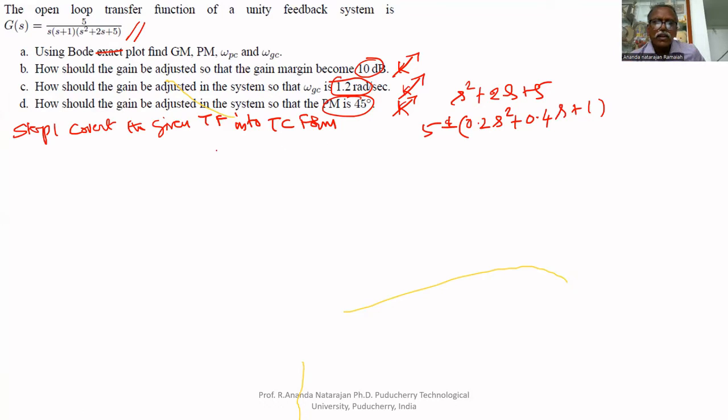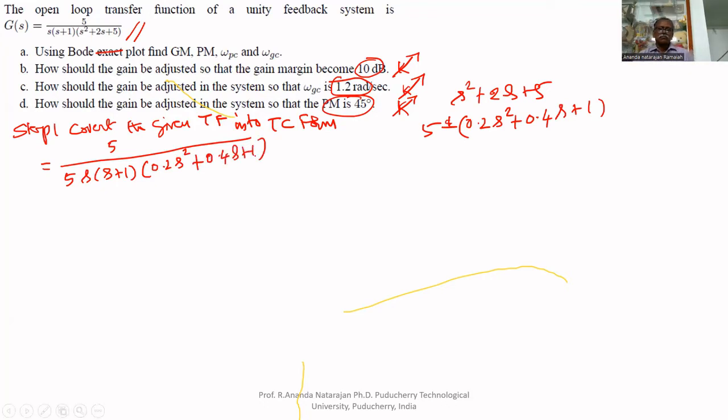So if you write the given transfer function in time constant form, what you will get is 5 divided by 5 multiplied by s(s + 1)(0.2 s square + 0.4 s + 1). Here 5 getting cancelled. Now it is in time constant form.